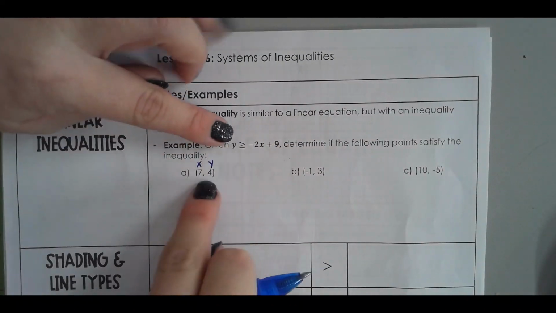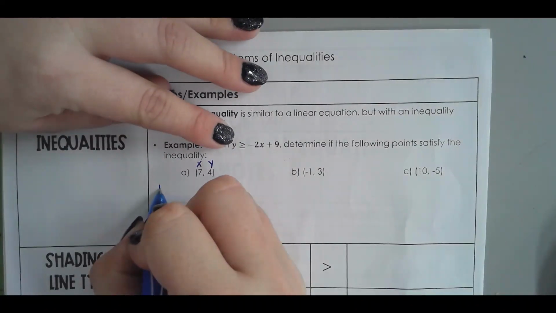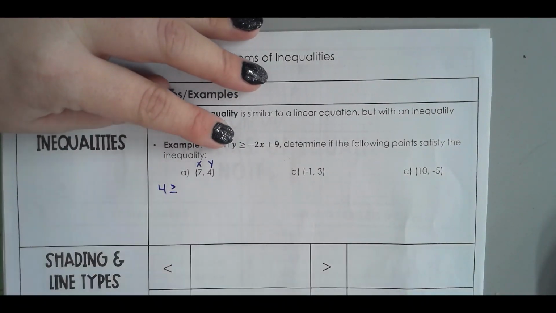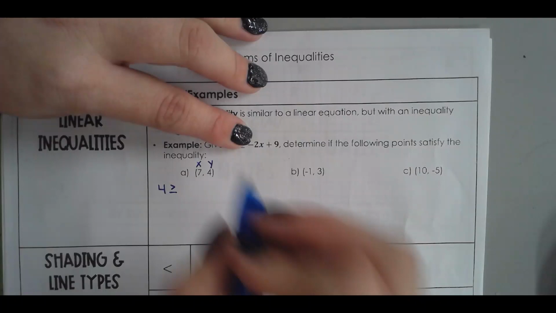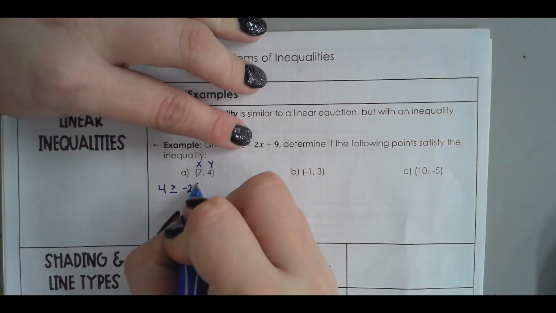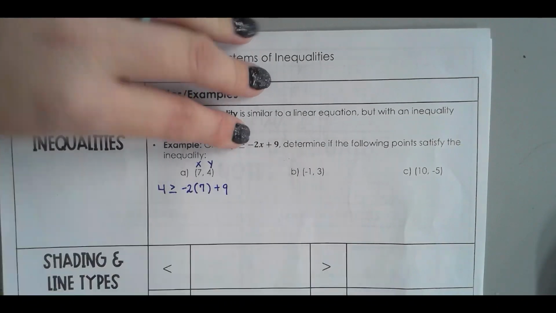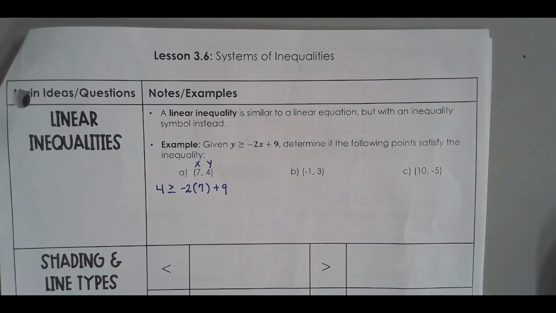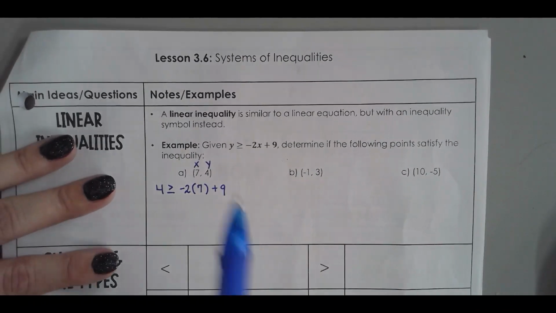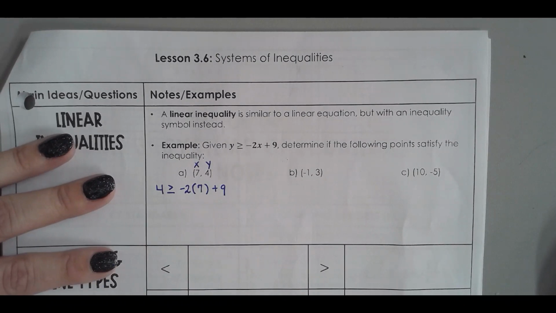If I plug in a y, I've got 4 greater than or equal to negative 2 times my x, which is 7, plus 9. So I substituted in that x of 7 and the y of 4, and I'm going to see if this is true.